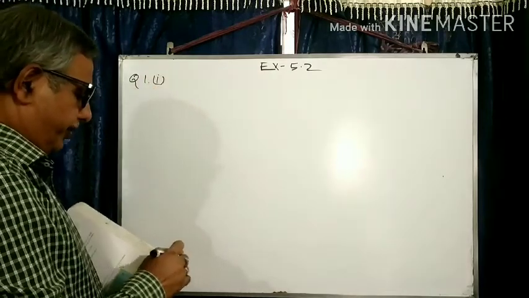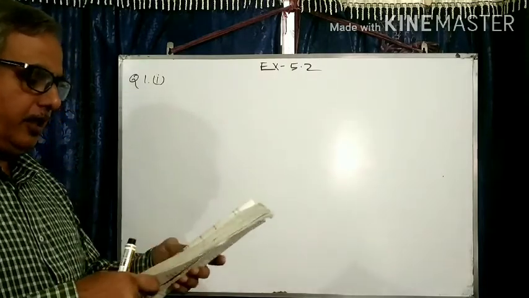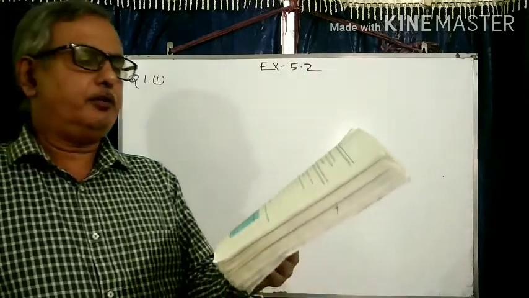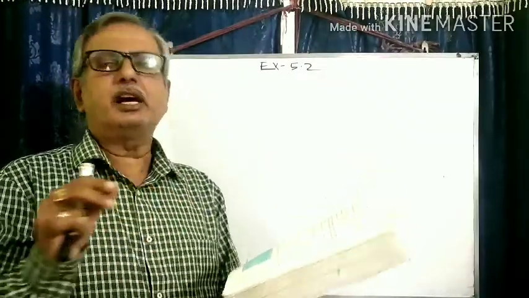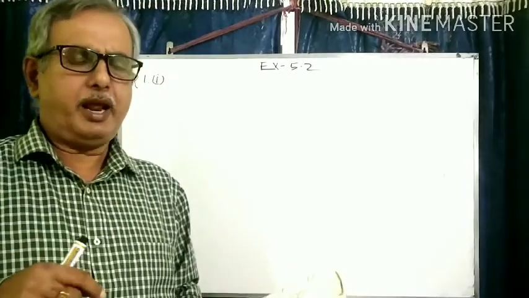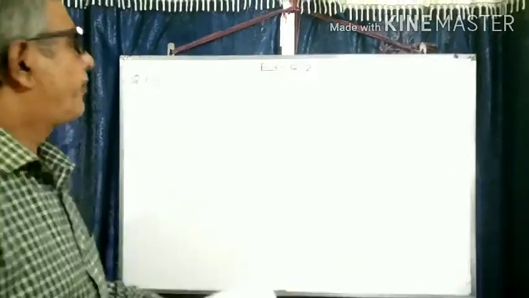Here you see, we know the formula, and from the formula you see what things are given and what is to be found out. Apply the known quantities given here and you get the quantity which is required.